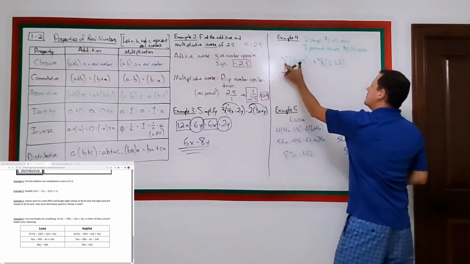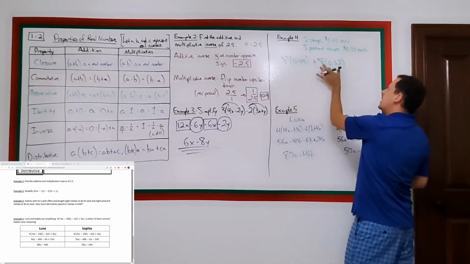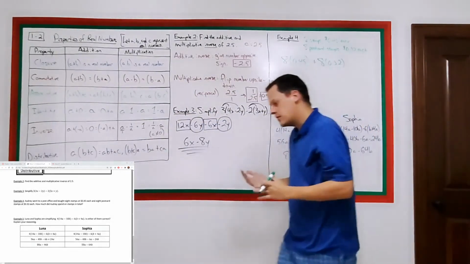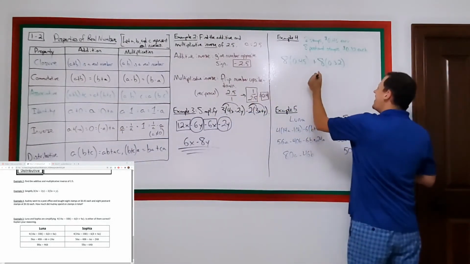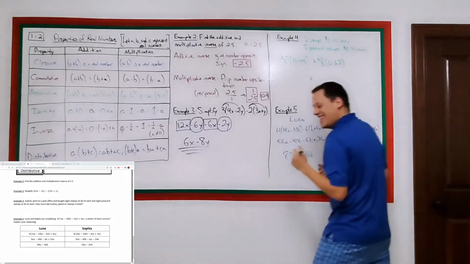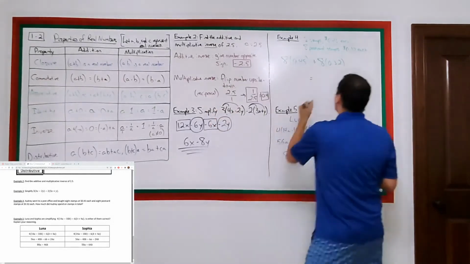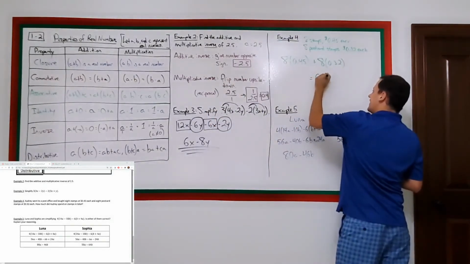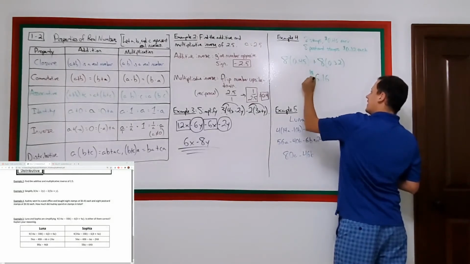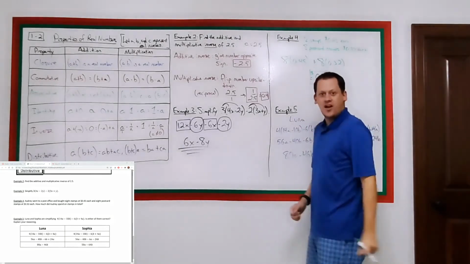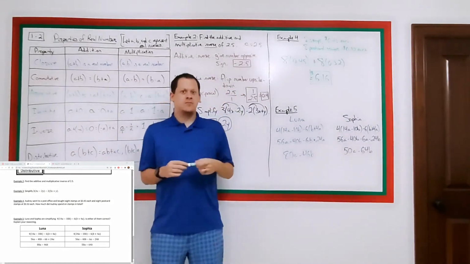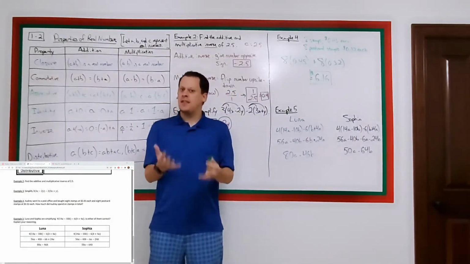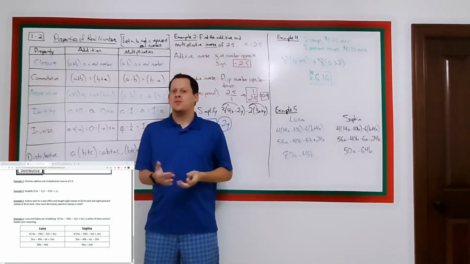So, we just need to figure out what 8 times 0.45 is and what 8 times 0.32 is. Have I done that? I did not do that. All I have is the answer. And the answer is $6.16.